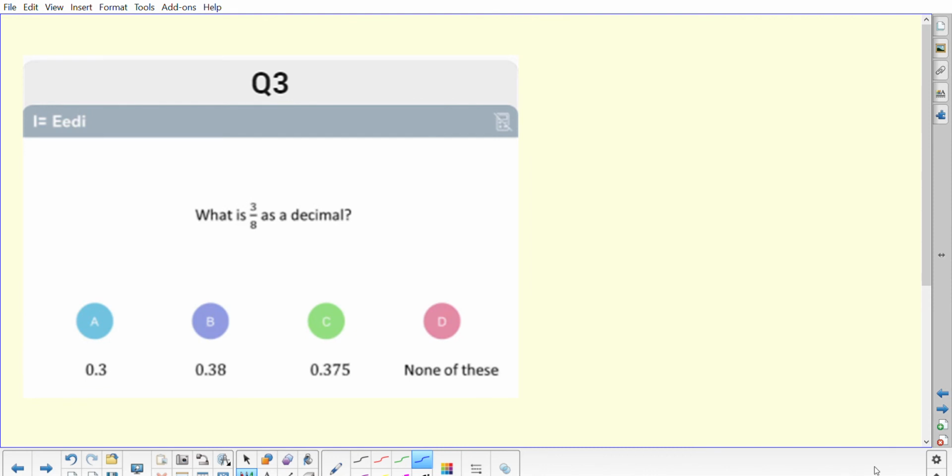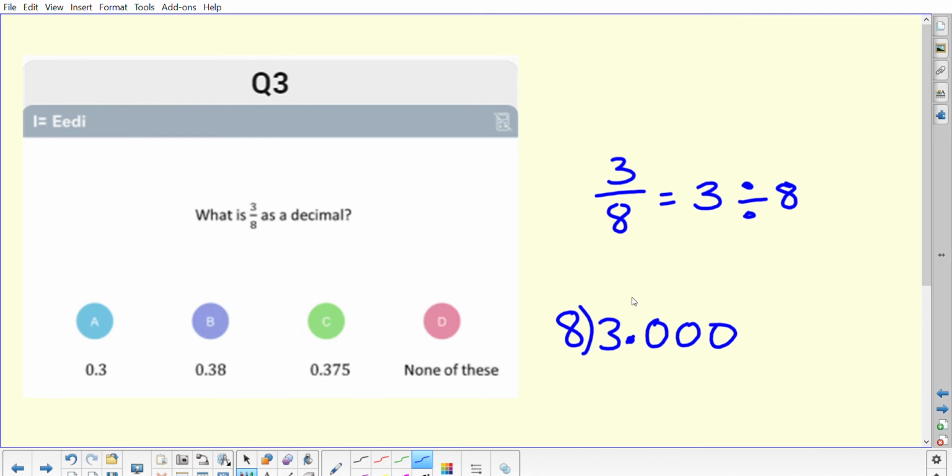For number 3 over 8, it is not easy to change 8 into either tenths, hundredths or thousandths, so here to do the 3/8 as a decimal, you want to be seeing this as 3 divided by 8. Which means you're going to do 8 into 3 point, and then you're going to need some zeros.